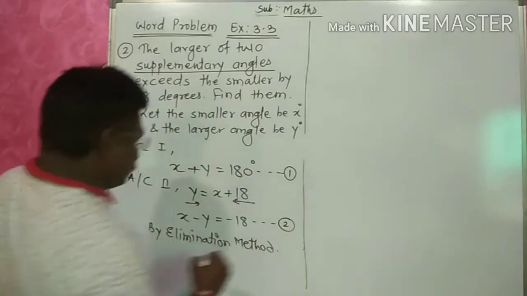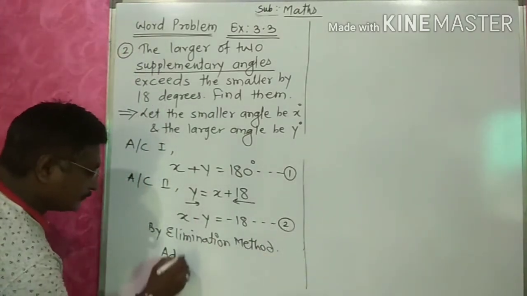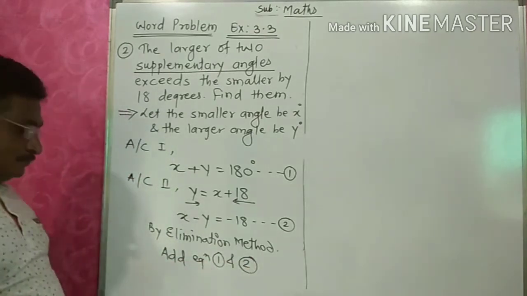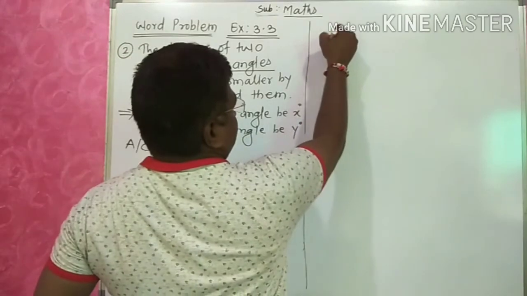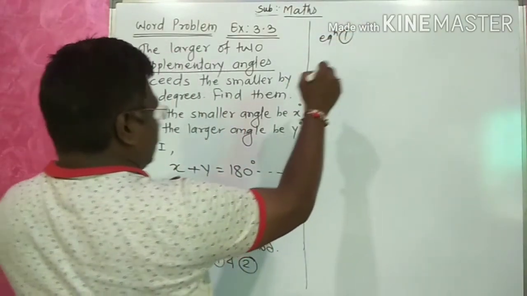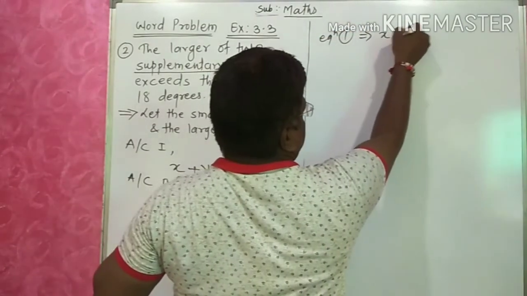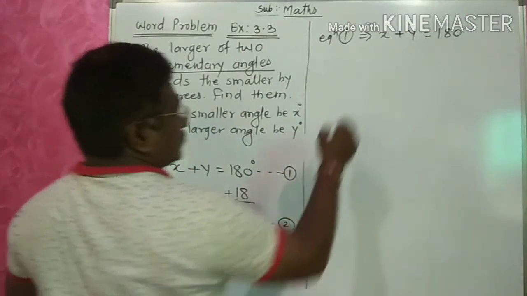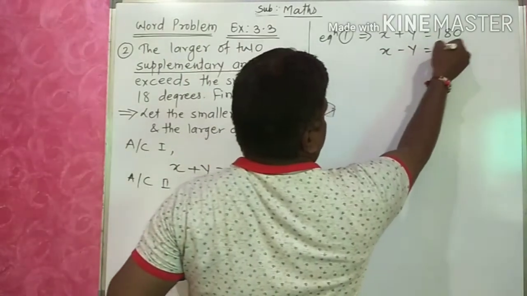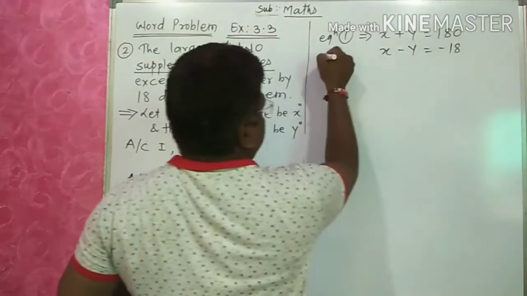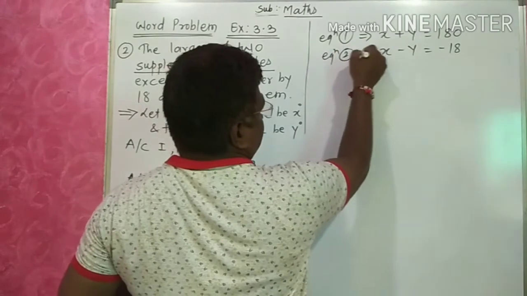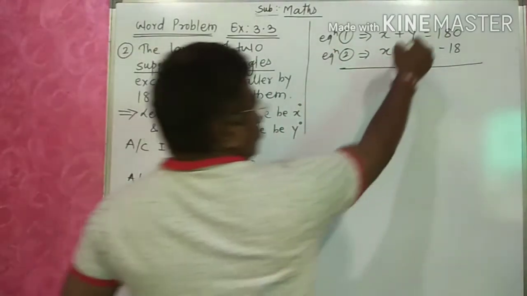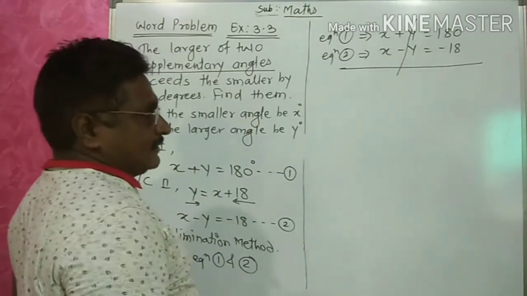So what has to be done? Add equations 1 and 2. Equation 1 is x plus y equals 180, and the second equation is x minus y equals minus 18. What has to be done? Addition. So this y is eliminated.